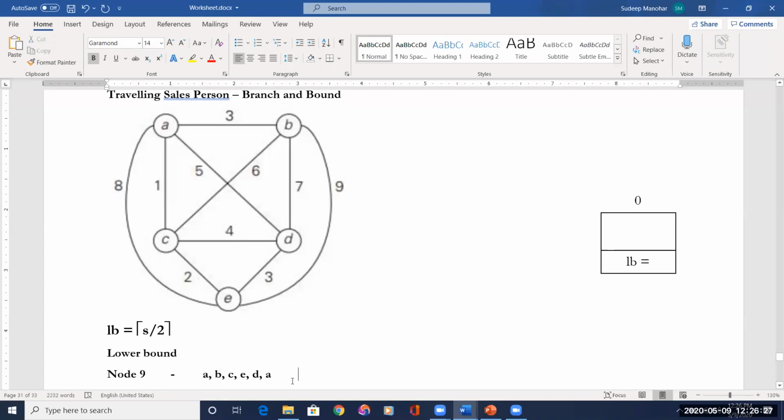That means 3 plus 5. Next B. For B, which are the adjacent edges? It is B to A, B to C. B to A is 3, B to C is 6, 6 plus 3.